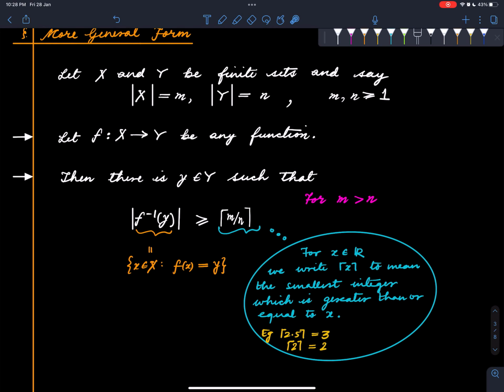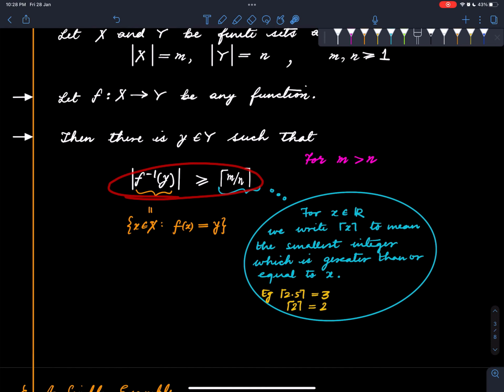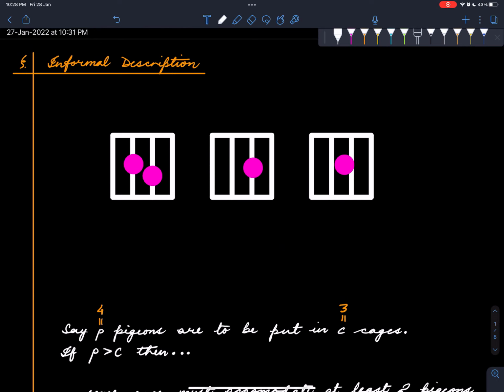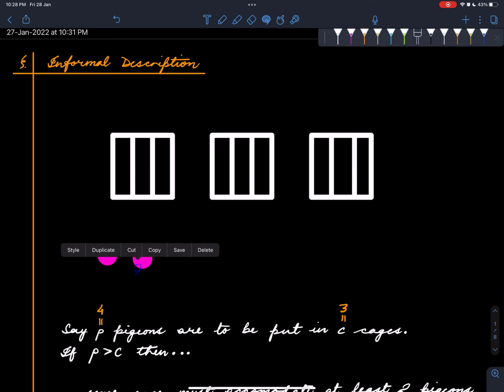And in fact, now to get a feeling for what more this is saying, suppose we had, instead of 4 pigeons, many more. Let me copy or translate these.